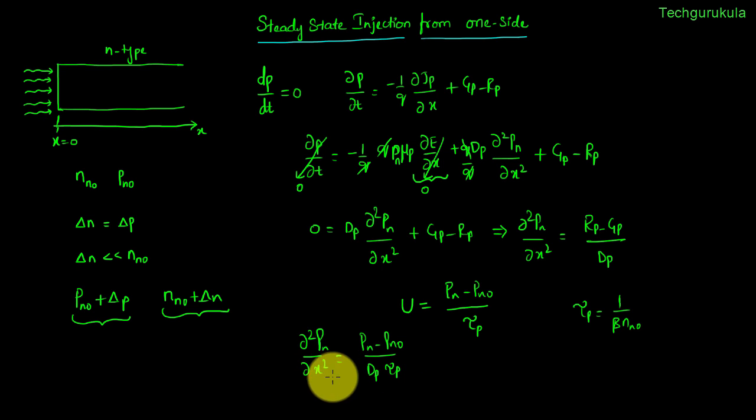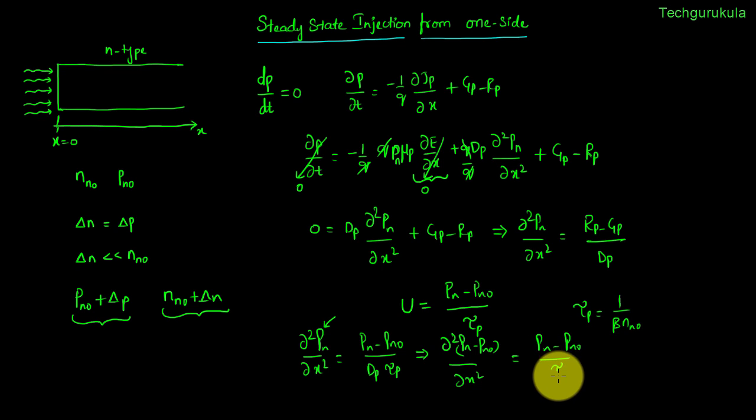And inside the differentiation, having Pn or Pn minus Pn0 wouldn't make a difference. So we can rewrite this as ∂²(Pn minus Pn0)/∂x² is equal to Pn minus Pn0 over τp times Dp.